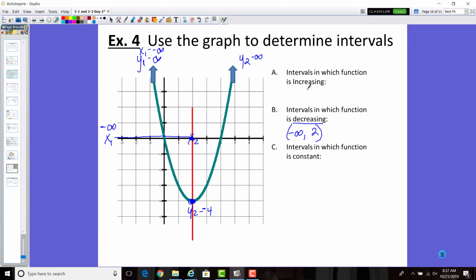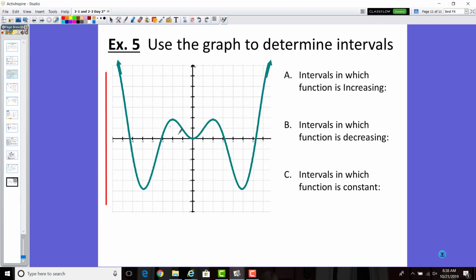Well, at the x value of positive 2, my y values will increase for every x value through infinity, because if my graph is going in this direction, my x's are getting bigger. This graph has no constant intervals.